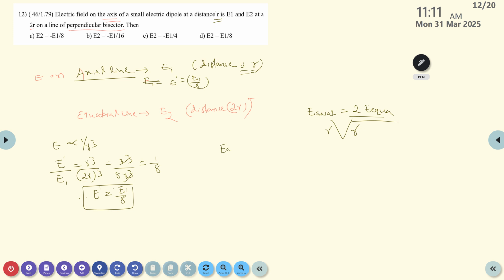E of axial equals 2 times E of equatorial. E of axial is E1 by 8, equal to 2 times E2. I want E2 by E1, therefore E1 by E2 equals 16, or E2 by E1 equals 1 by 16. This is the right answer.